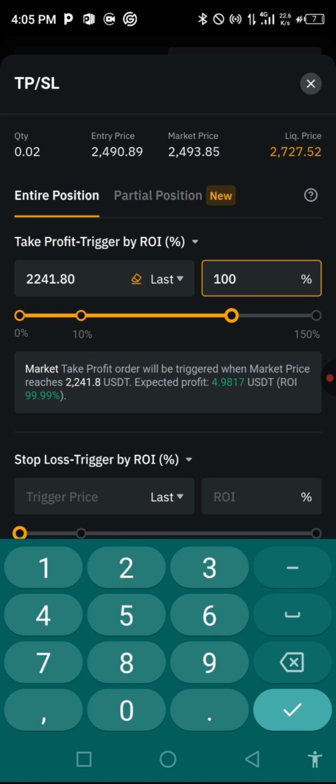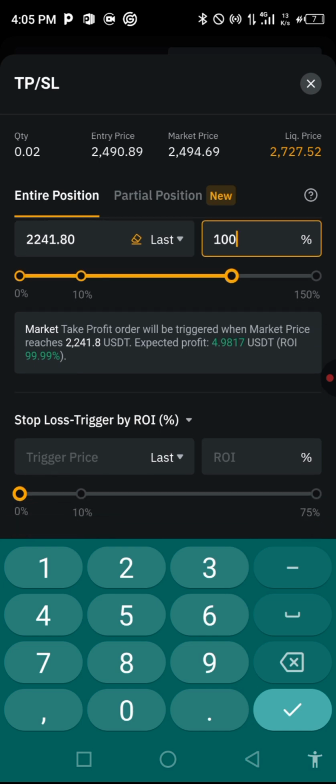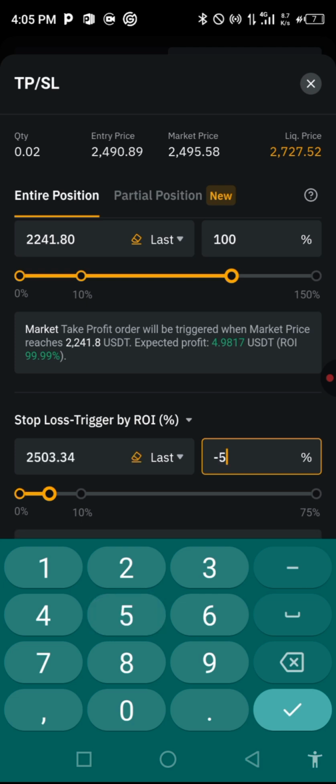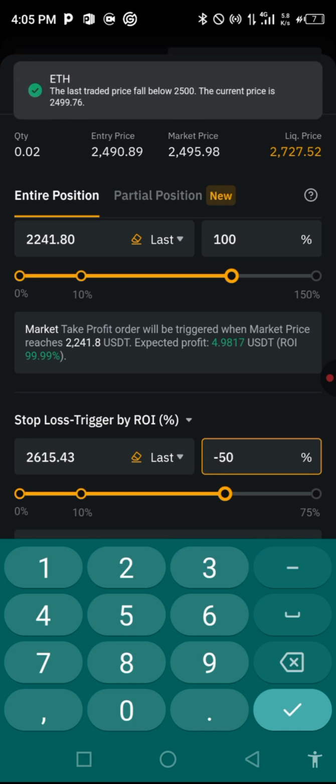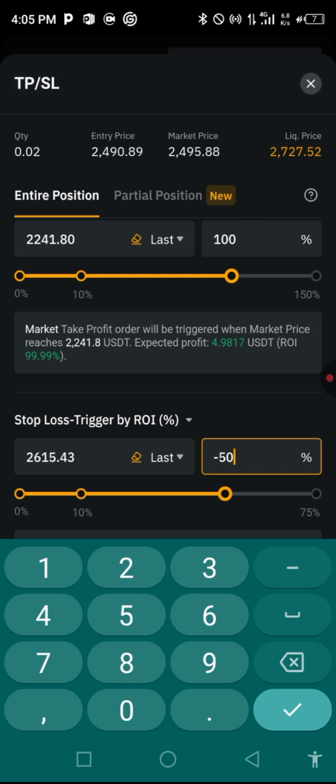Then I want to get out of the market, that stop loss, once I make a loss of 50%, right? So now I'm using $5 to trade currently, and I'm telling the market, once I am able to make an extra $5, please take me out of the market. I don't want to continue again because I don't know what's going to happen next. The market might reverse and go against me, and I'll start losing the profit that I've made, right?